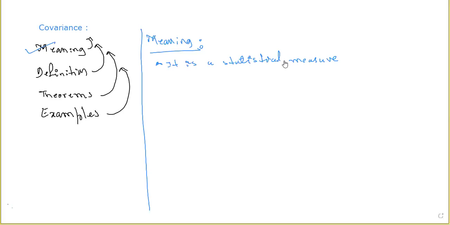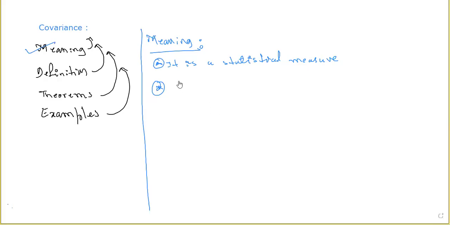We are able to find out that value, or we are going to identify that value. How? With the help of some basic tools of statistics. So that's why covariance is called a statistical measure, right? It measures the change of two random variables, right?